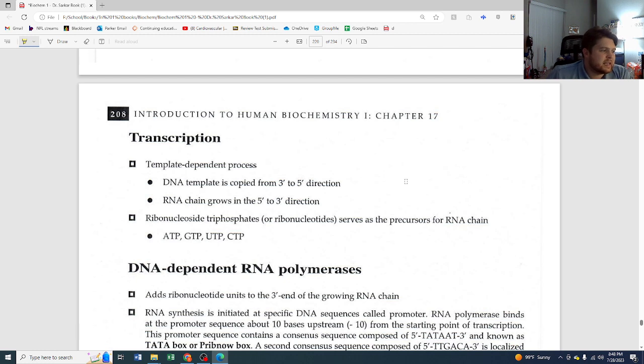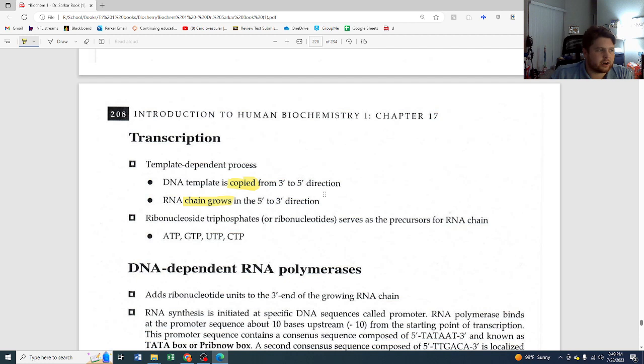Transcription is a template-dependent process where the DNA template is copied in a 3' to 5' direction. The RNA chain grows in the 5' to 3' direction. This is where you really want to pay attention and focus on what the question is asking. Is it saying the template is being copied or the chain is growing? If it's being copied, so the DNA in this case, the DNA is read in a 3' to 5' direction.